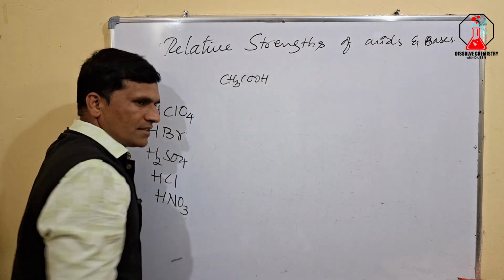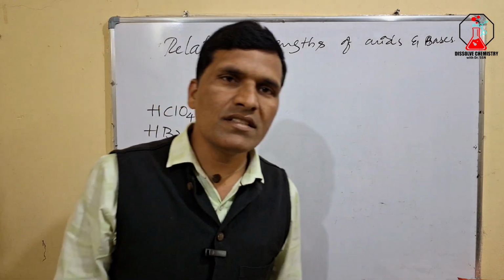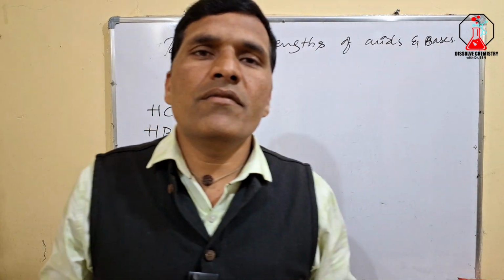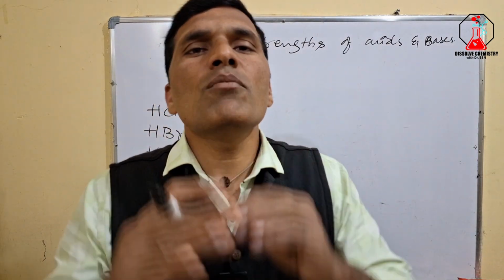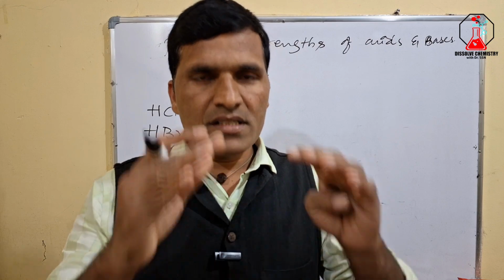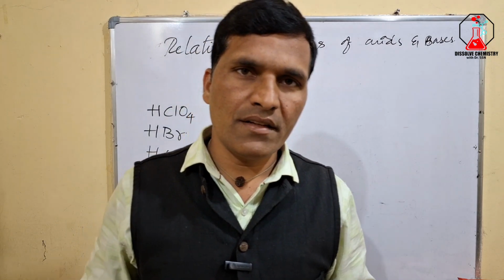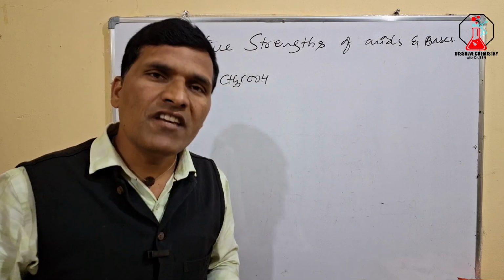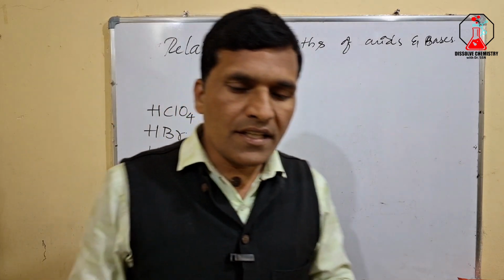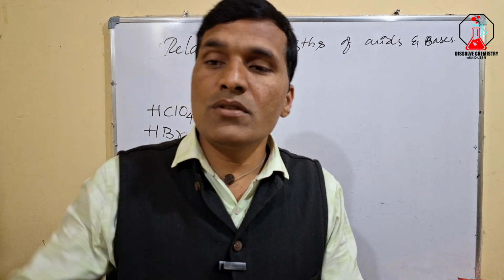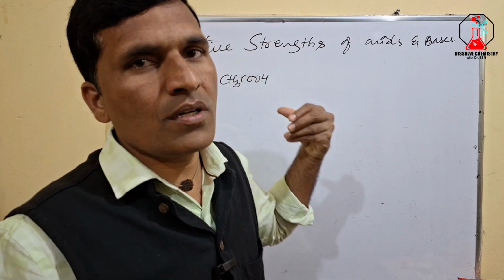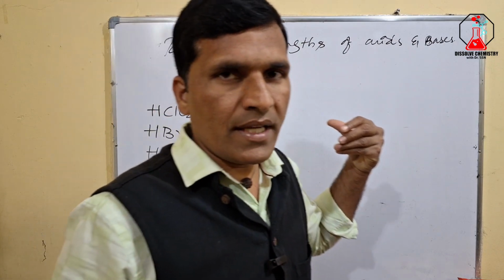Acetic acid is a weak acid. Always remember, the acid strength and base strength of any compound is a relative property. It is not a fixed property. Your acetic acid is a weak acid, hence it can act as a weak base in the presence of strong acids like HCl, H2SO4, or perchloric acid.